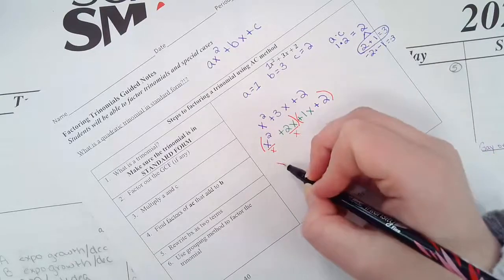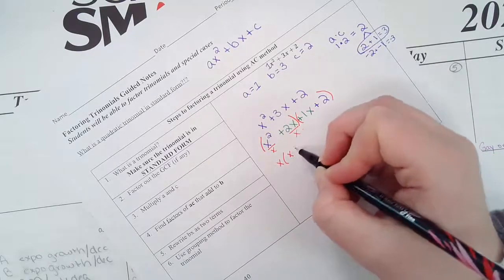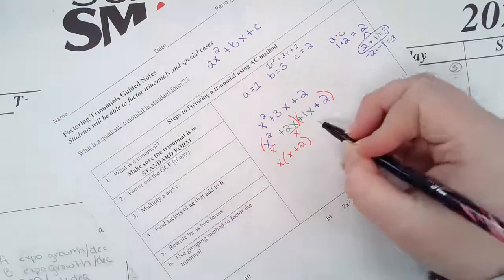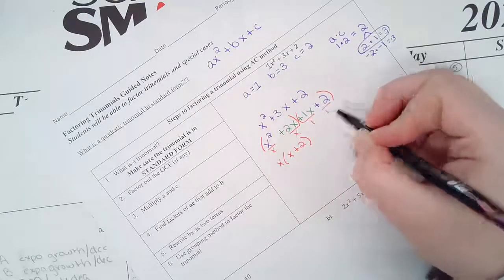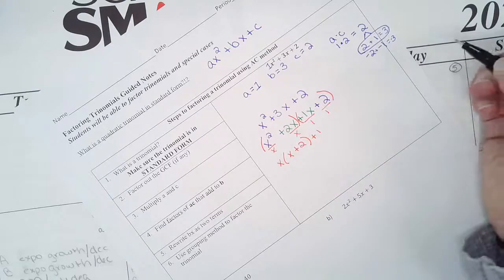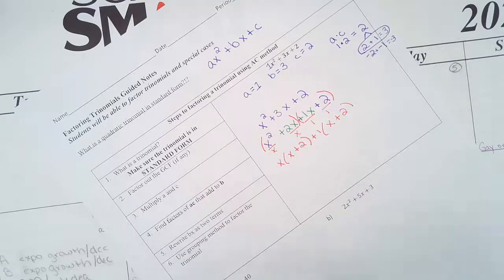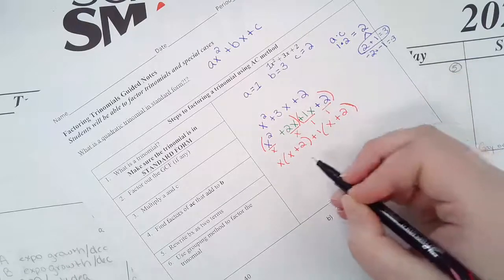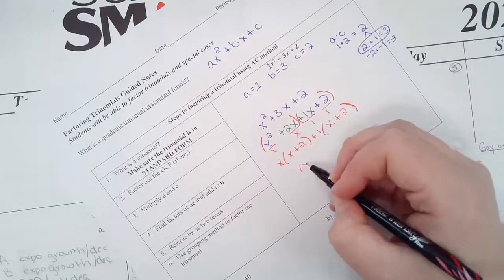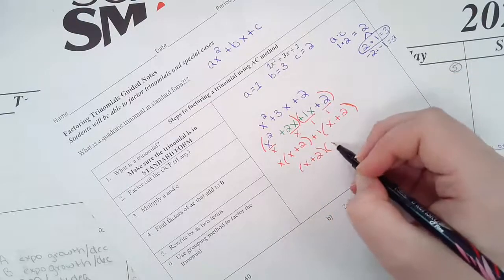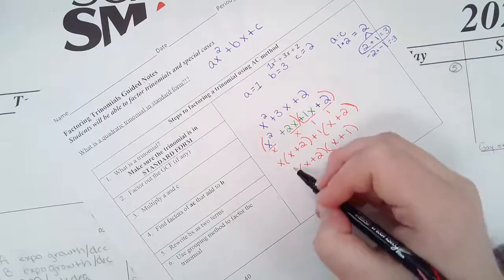I can take a 1 out of both of these. A positive 1 is my greatest common factor, leaving x plus 2 on the inside. I grouped correctly, so my x plus 2 is my greatest common factor, and then I rewrite my x plus 1. This is the factored form of my original problem.